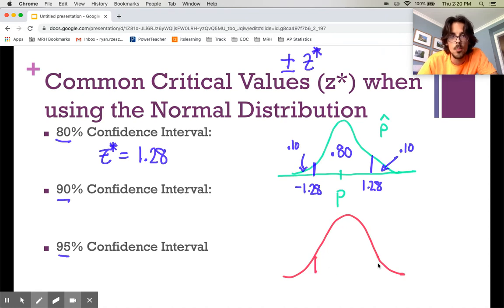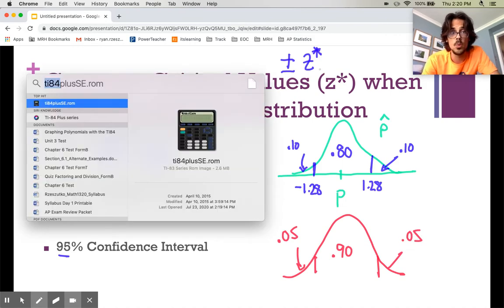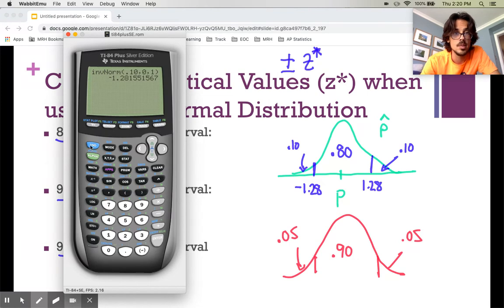This time though, I want 90% confidence. So this area is 90%. I would have a 0.05 here and here. So this time when I do my inverse normal, I would want to do it with a left area of 0.05 instead. So I would do inverse normal, left area 0.05, mean 0, standard deviation 1. This is one of 2 values for the critical values I have memorized.